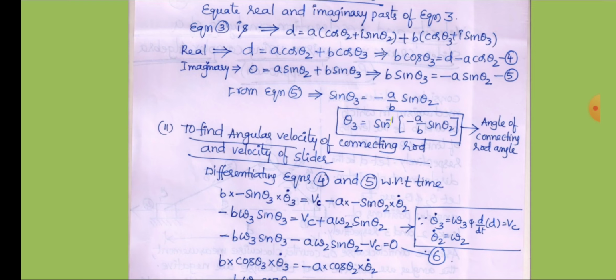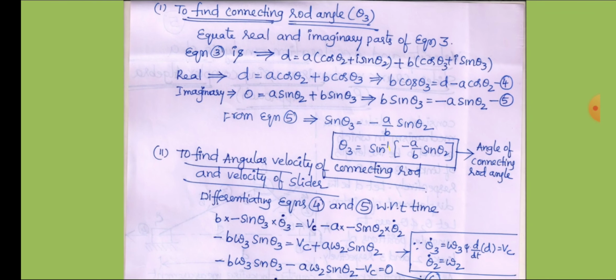Now here I am going to find the unknowns one by one, because I know only theta 2, which is the crank angle, that will be given, and alpha 2 is equal to 0 because the crank is rotating at constant or uniform speed.